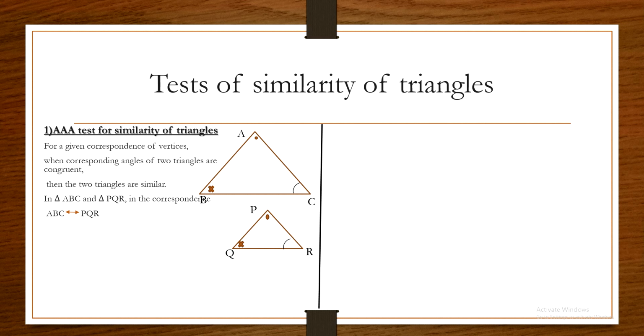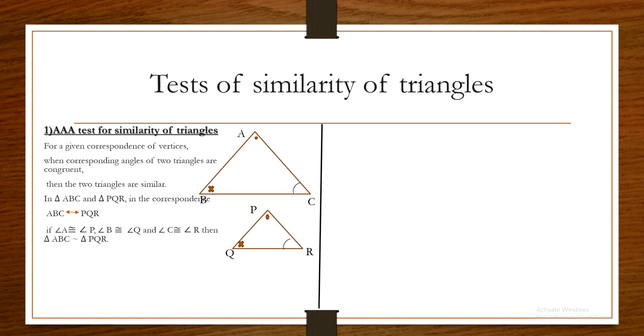That means with ABC in 1-1 correspondence with PQR, if angle A is congruent to angle P, angle B to angle Q, angle C to angle R, then triangle ABC is similar to triangle PQR by AAA test.